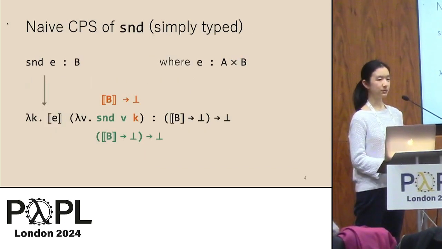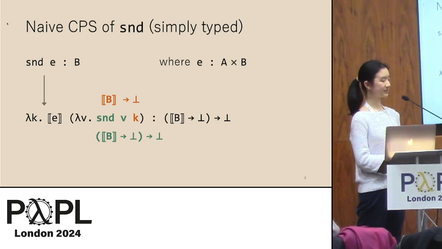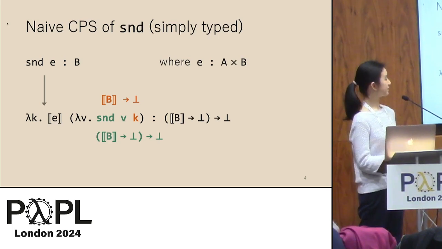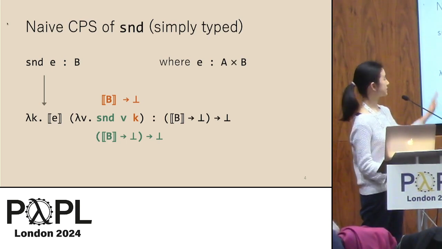As a warm-up, let us quickly review the naive call-by-name CPS translation in the simply typed setting. Suppose we have a source term second of E, where E has a simple product type. The CPS translation of this term looks like this.